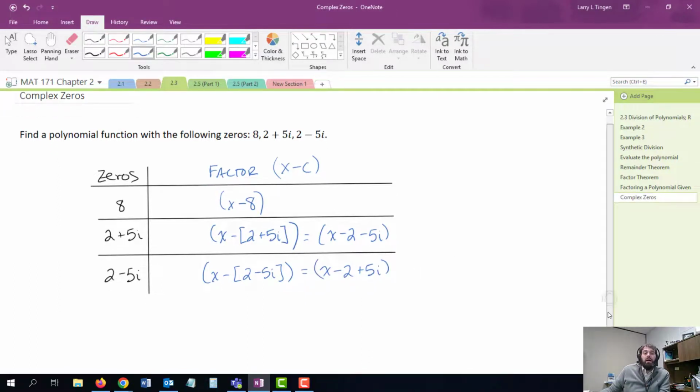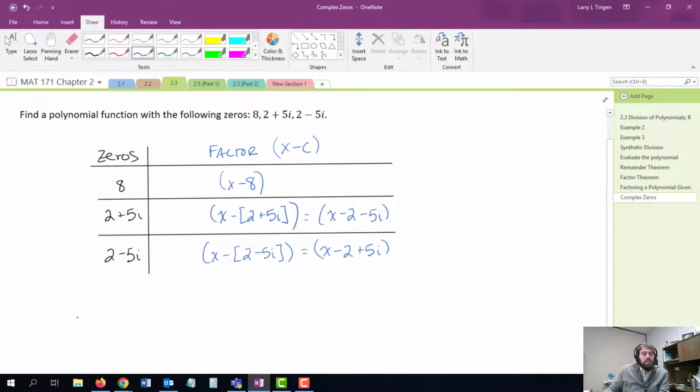So I now have 3 factors of a polynomial. That means f of x must be x minus 8 times x minus 2 minus 5i times x minus 2 plus 5i.